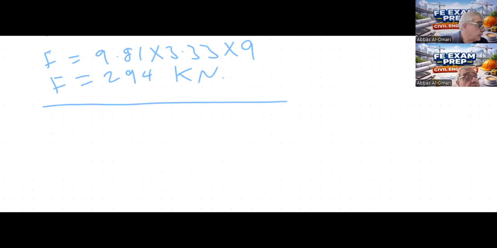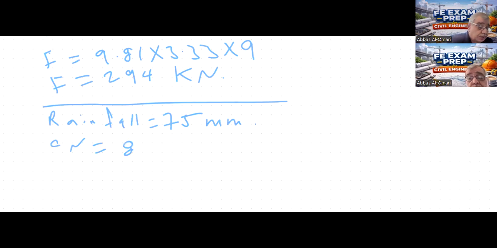One more question about the determination of direct runoff. We have a catchment where rainfall equals 75 millimeter, and the curve number equals 85.